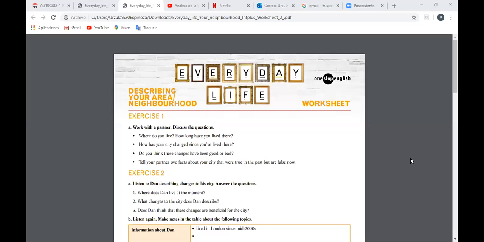Do you think this change has been good or bad? I think that it's a good change, because now it is a more developed city. What's new?